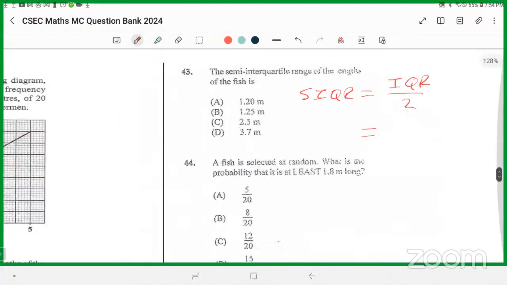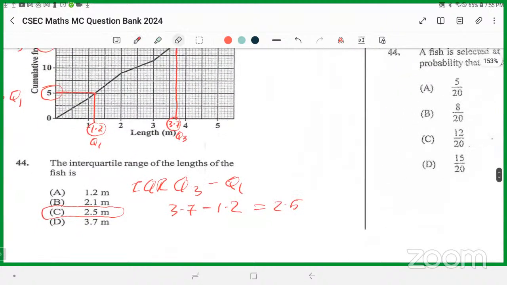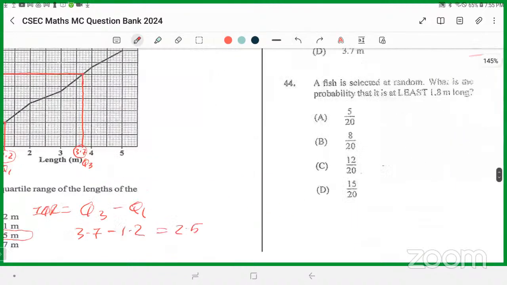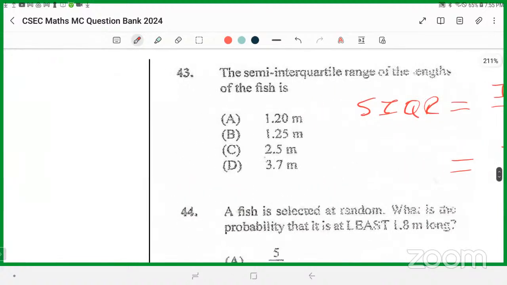The IQR we did over here was 2.5, so we're doing half of that now. It becomes 2.5 over 2, which is 1.25.